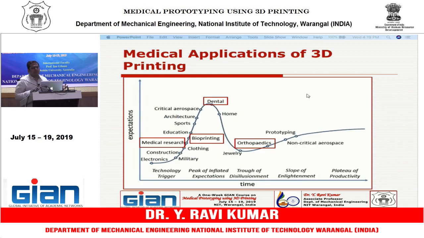If you see expectations versus time, the hype cycle, and put the medical applications on it, the people using orthopedics are the ones who have been using it. This is almost at the slope of enlightenment, or maybe the plateau of productivity.